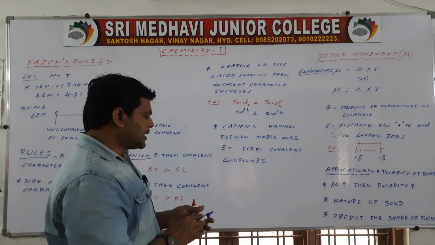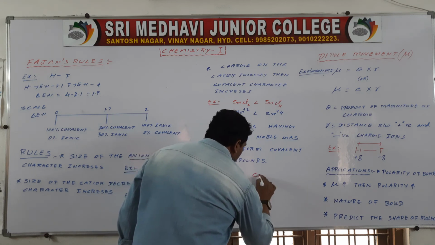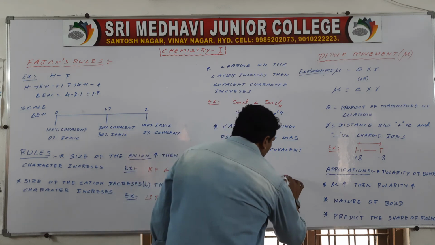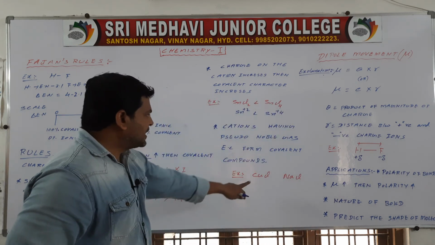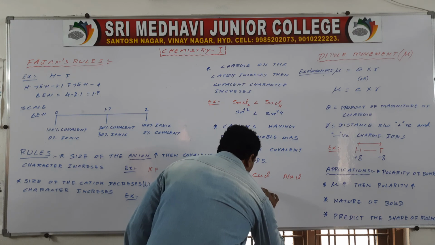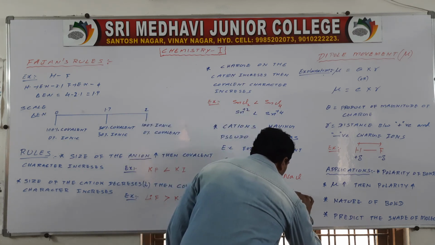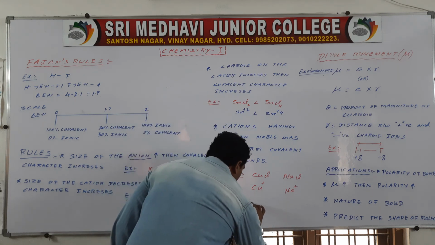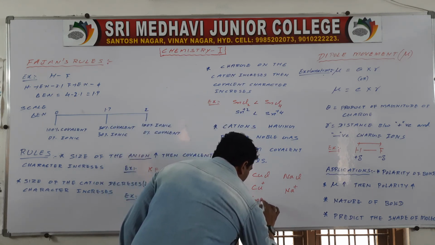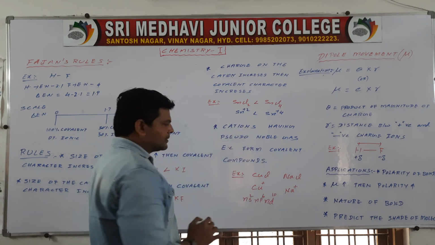For example, here CuCl and NaCl. Here Cu plus 1, here Na plus 1. It has Ns2 Np6 Nd10 electronic configuration.